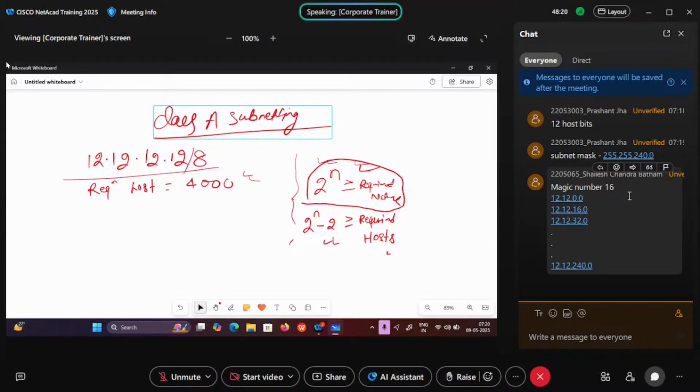The third is subnet 0. First, you have to write subnet 0 and the last subnet, I mean whatever subnet you are getting will be your last subnet ID. And how many total subnets you can create, that also you have to mention in the chat. Let's go ahead.